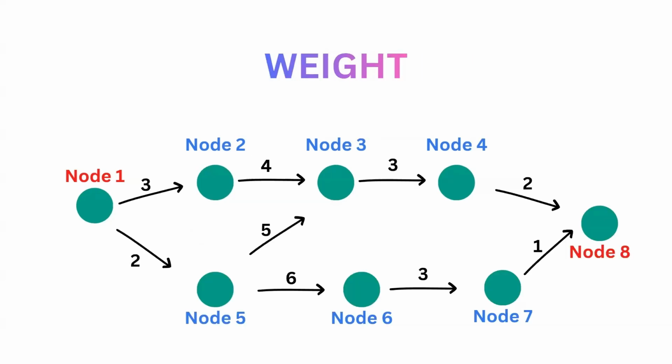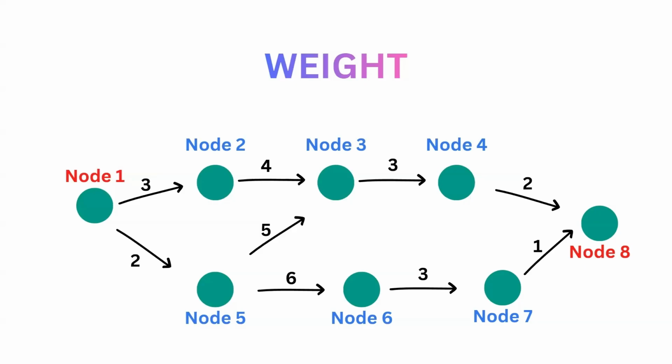Now, let's talk about weighted graphs. Edges can have weights representing cost, distance, or strength of connection. Weights can be applied to both directed or undirected edges. In this weighted graph, the number on each edge is its weight, representing the cost, distance, or strength to move from one vertex to another.